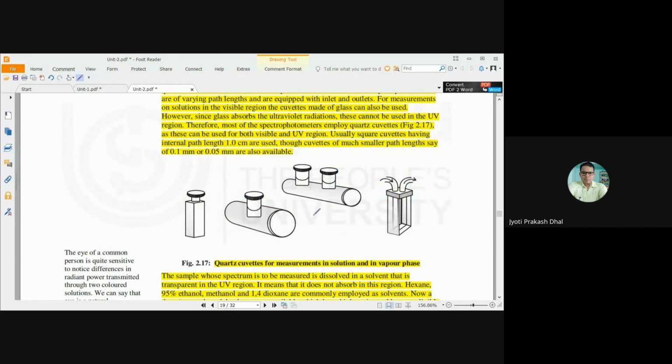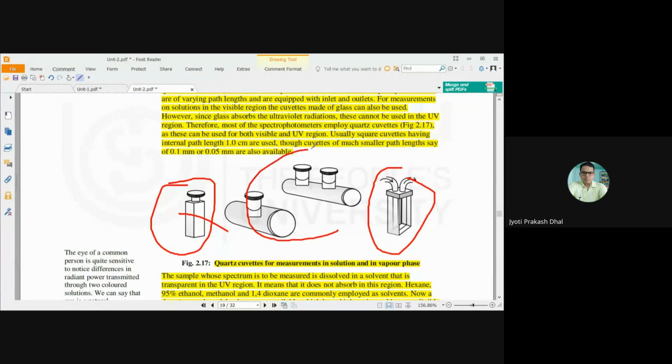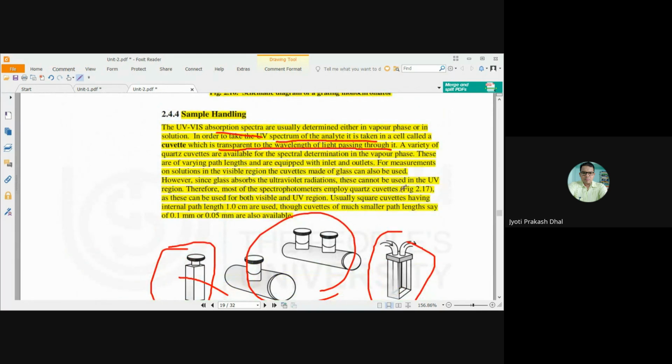That means the opposite sides of the cuvette will be transparent. So this is the figure of a cuvette, so that the light will pass through the transparent side. And these types of cuvettes are used for solution, and for gaseous samples these cuvettes are used. A variety of quartz cuvettes are available for spectral determination in the vapor phase.